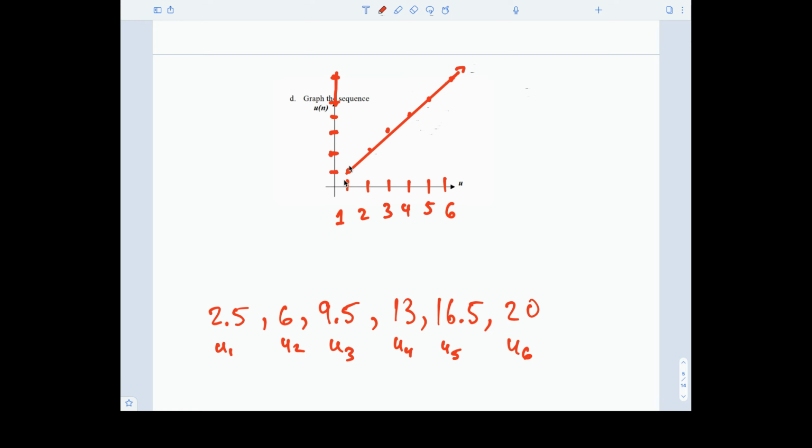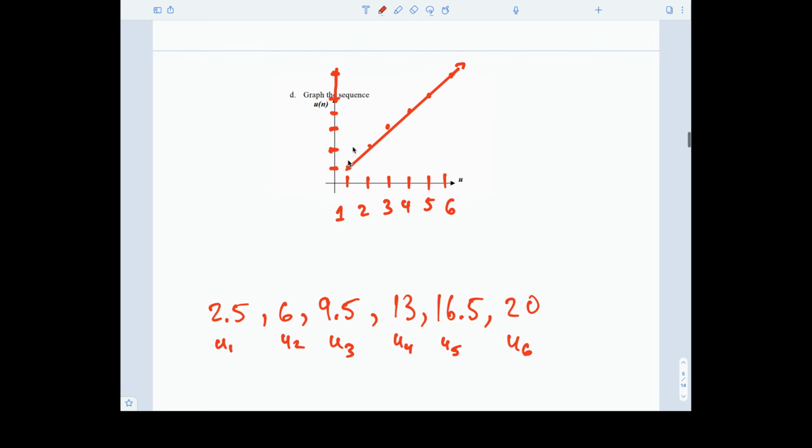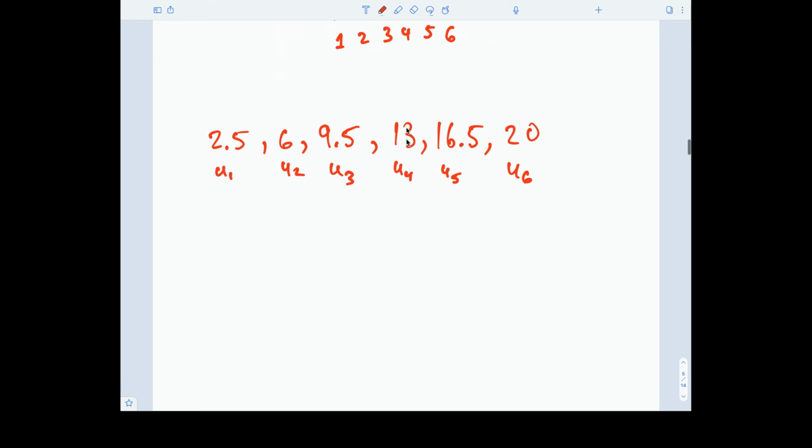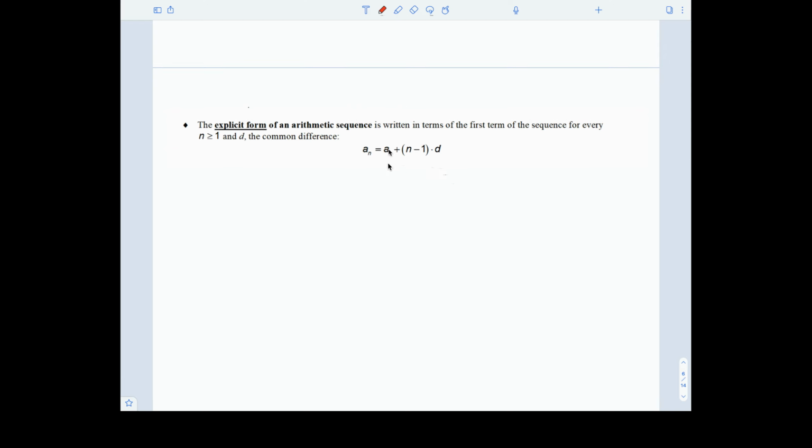Because for every one jump, you're jumping 3.5. They wanted us to self-illustrate that the graph is linear, because an arithmetic sequence is linear, and that's what this is saying.